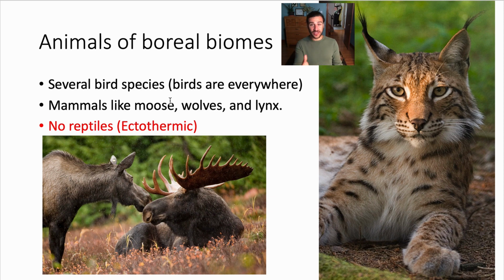So those are ectotherms that do sometimes live in boreal ecosystems. But boreal ecosystems, the animals that live there are largely going to be endothermic. Remember, birds and mammals are endothermic. There are going to be very few ectotherms living in boreal ecosystems.